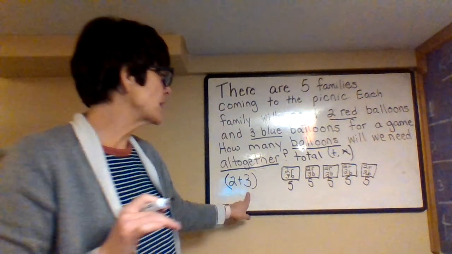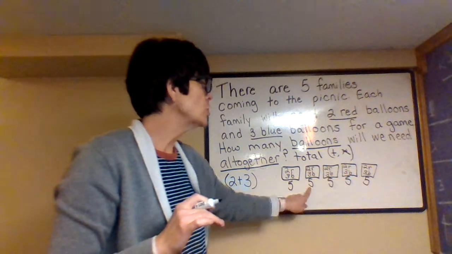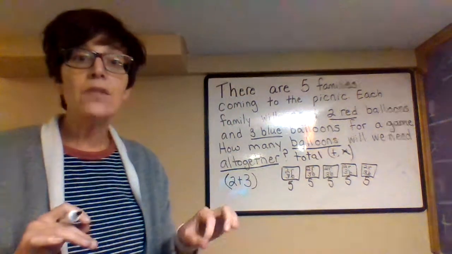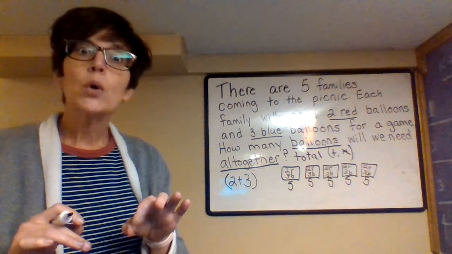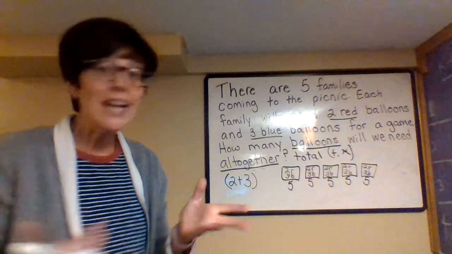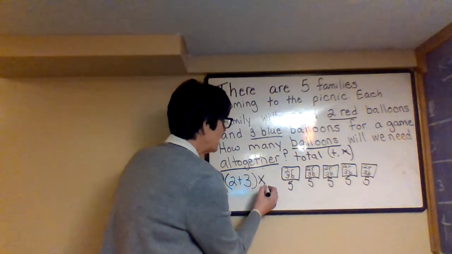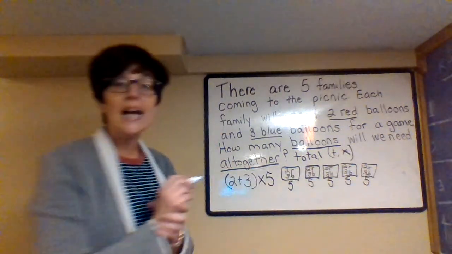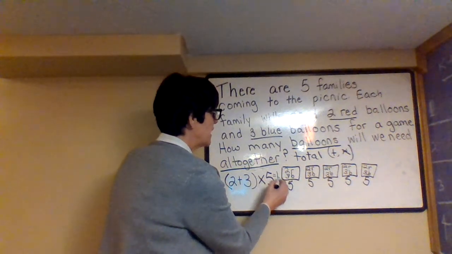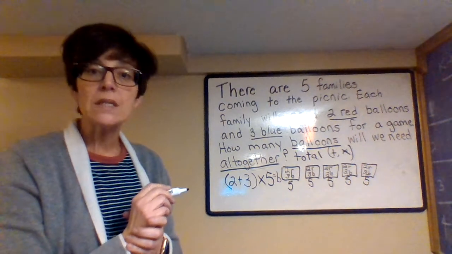So what am I going to do with this? So I have 1, 2, 3, 4, 5 groups of 5. Groups of. What's groups of mean? It's multiplication, right? So my next step would be times 5 equals B for balloons.